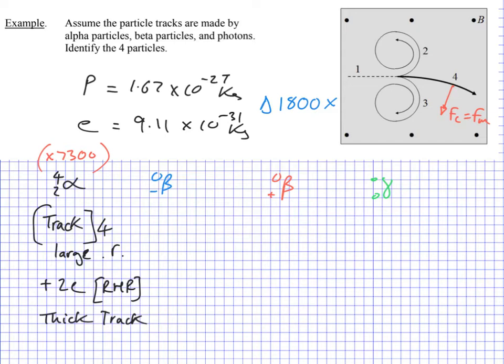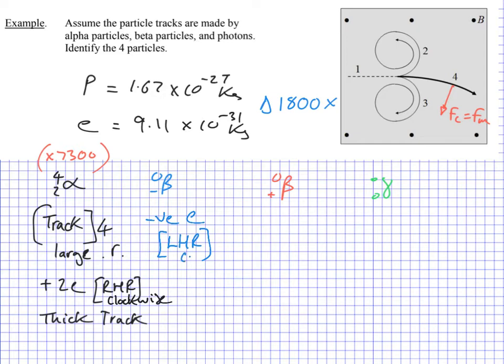Okay, the beta negative particles, well, these are going to have a negative charge. So it's got a negative e, which means I'm going to use my left hand rule. Whereas my alpha particle using my right hand rule went clockwise, let's put that on there, this one will go counterclockwise.